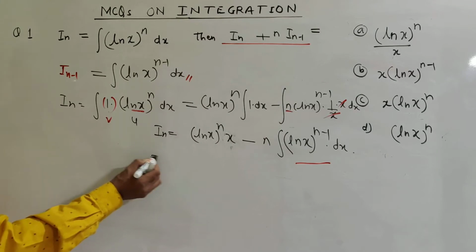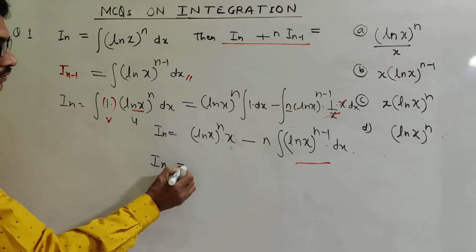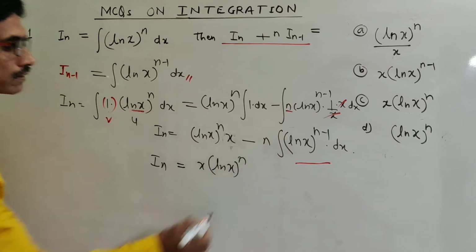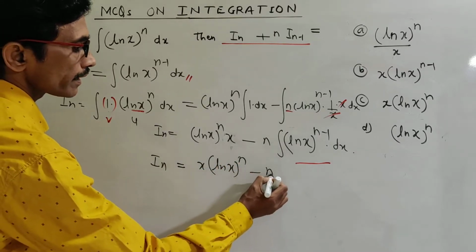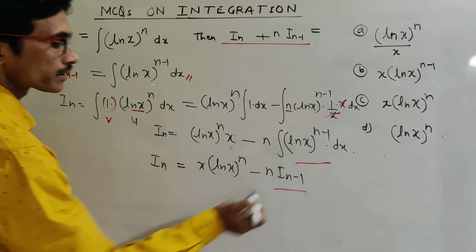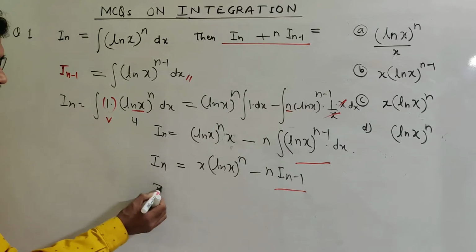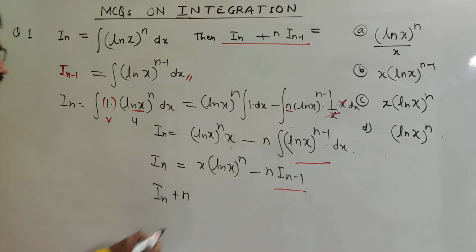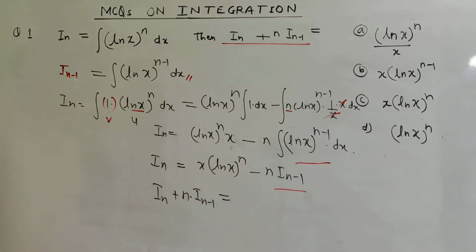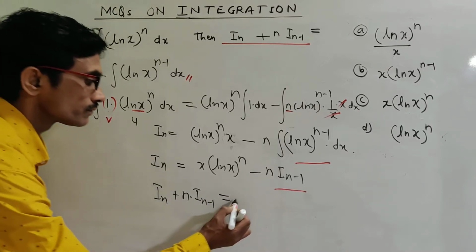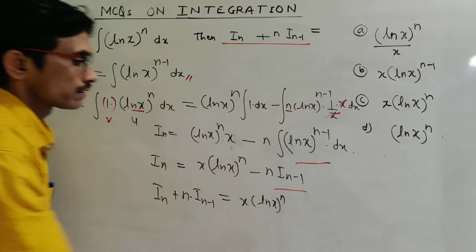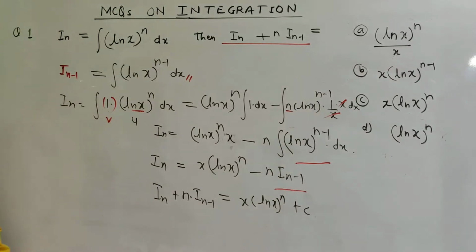So therefore our relation we are getting: I_n is equal to x (log x) raised to power n minus n into I_(n-1). So this we transfer to the left hand side, and we will get I_n plus n I_(n-1) is equal to x into (log x) raised to power n plus c, constant of integration.